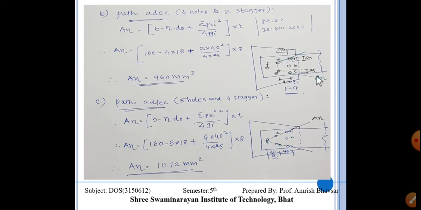How many bolts are there here? 4 bolts, and 2 are staggered, right. That means this gauge distance will come for this one and also for this one. So the summation of this is 2 times 40 square upon 4 times 25. Remaining things are the same. This is very important for us. So for this situation we can get the net area, that is 960 mm square. Clear? This is 960 mm square.